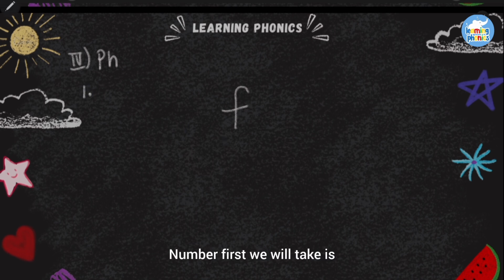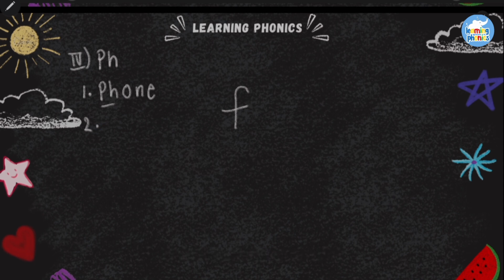Number first we will take is phone. See, phone. Number two is alpha. Okay, alpha.